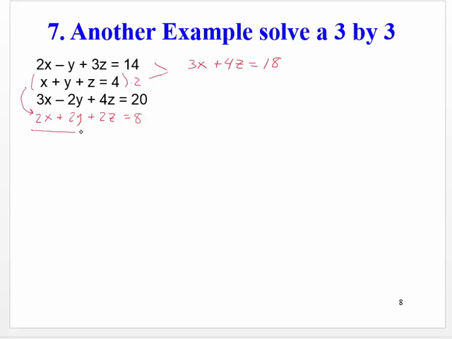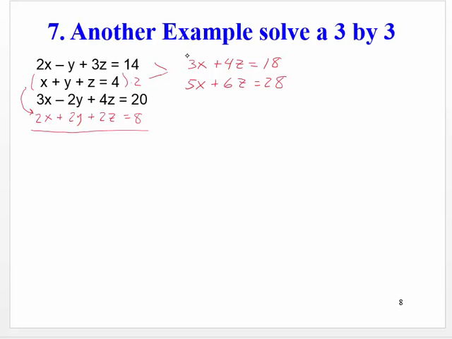Now I can add those up, and I get 5x. Those eliminate, and we get 6z is equal to, adding these up, 28. Okay, so we reduced a 3 by 3 to a 2 by 2, and we know how to solve this.